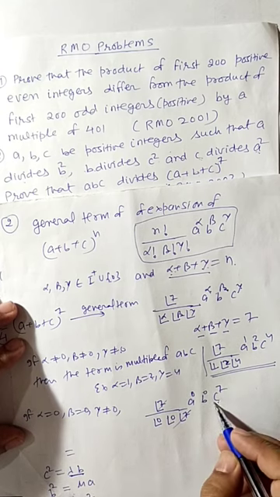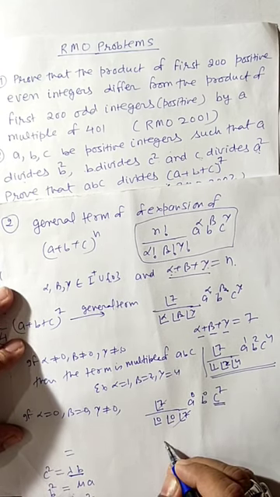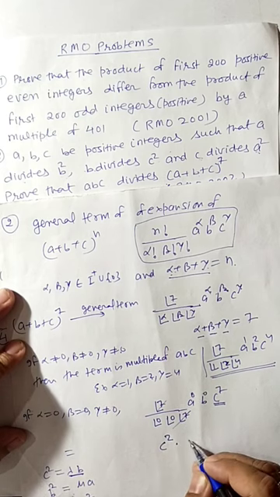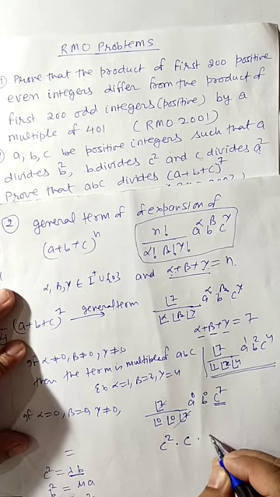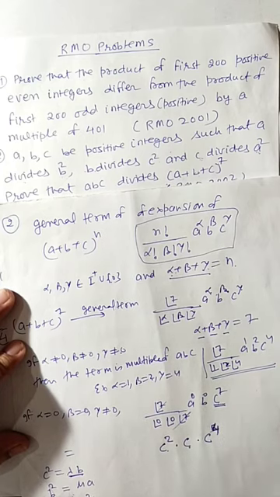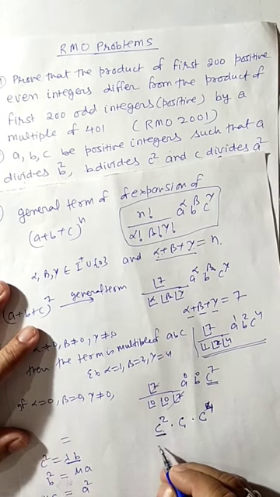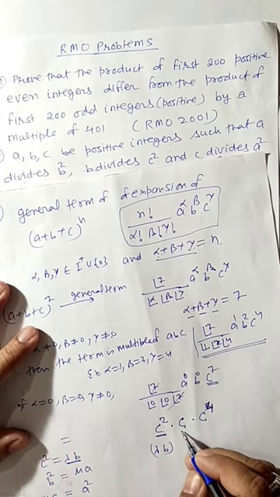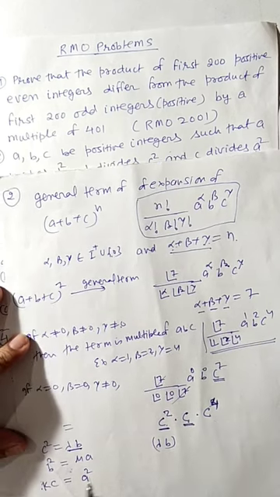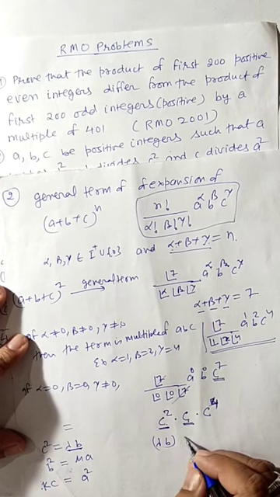So do one thing: here it's c^7. c^7 can be written as c square into c^5, that is c square into c^4 again. c square we can write as lambda b, and this c we write as c.